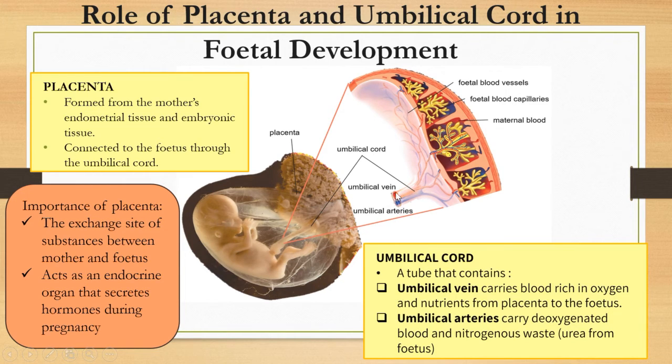Whereas the umbilical arteries carry deoxygenated blood and nitrogenous waste, such as urea, from the fetus to the placenta, to be removed out through the mother. So that is the umbilical arteries.